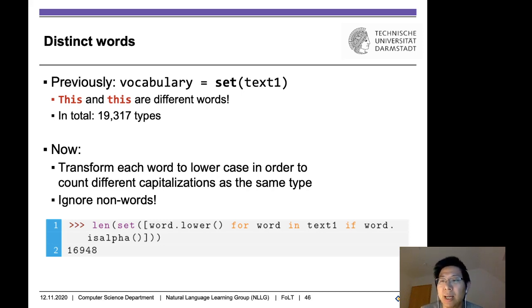Then we check if this word is using alphabet only. And then we use set operators over these resulting words to remove duplicates. Finally, we will get a clean version of vocabulary.